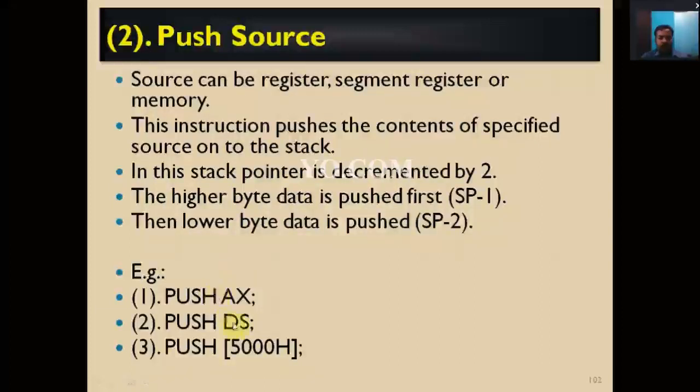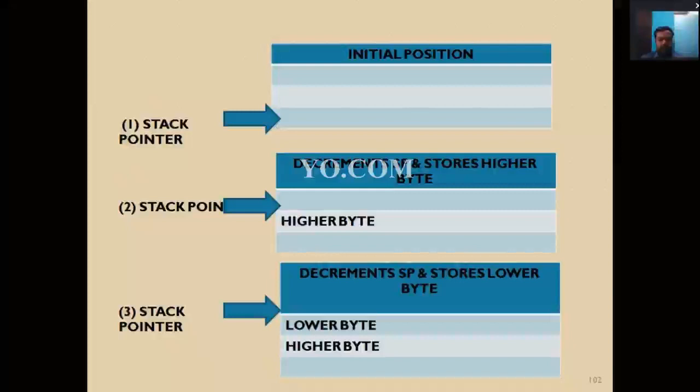Push DS: the DS register, the data segment, is moved to the stack. Then push [5000]. That means 5000 is not data, it is a memory address. So 5000 points to some data, and that data is moved to the stack.